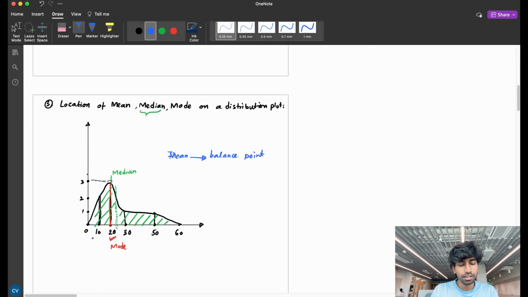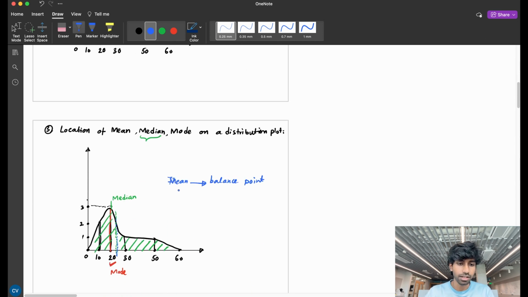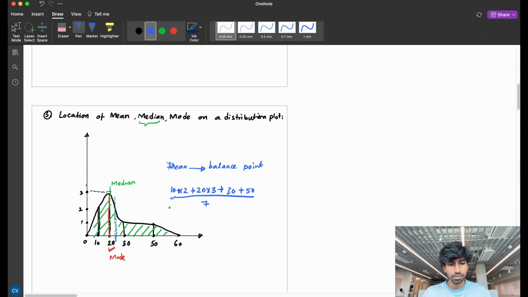That will be somewhere around here. Also, if we calculate the mean of this entire series, that would give us around 22, which is again near 20. So if we place our finger somewhere here, then this whole distribution is going to be balanced. So that's basically the balance point.